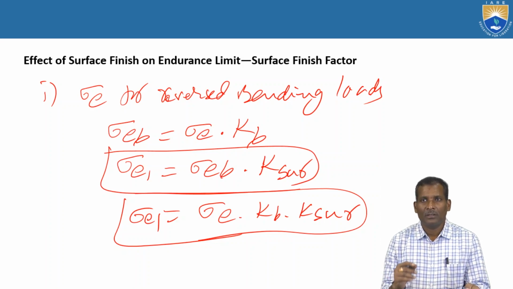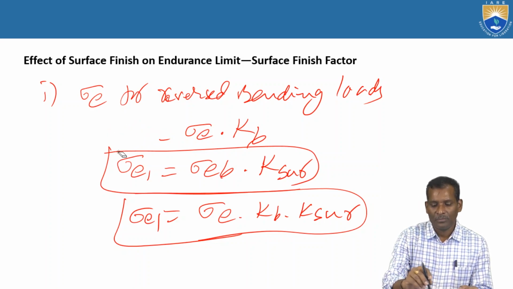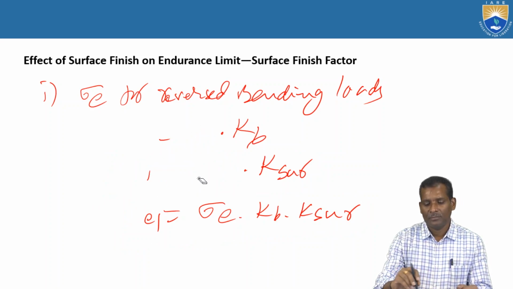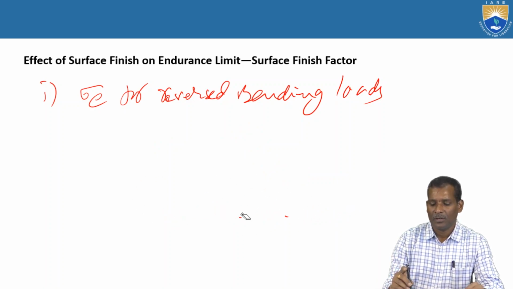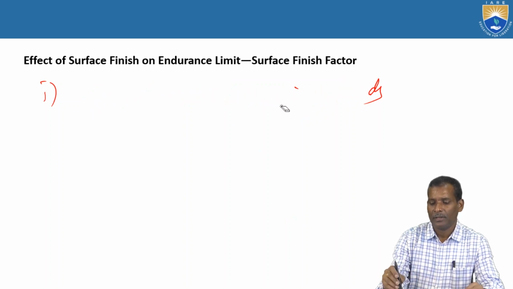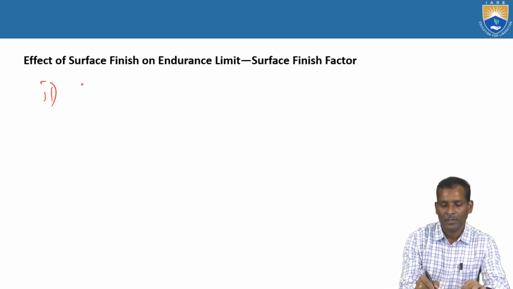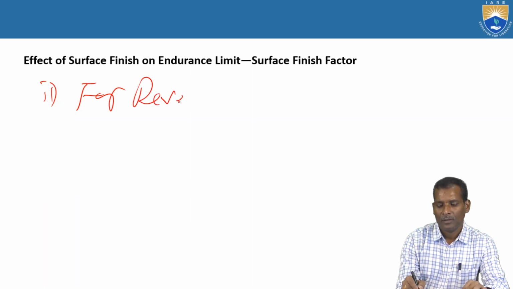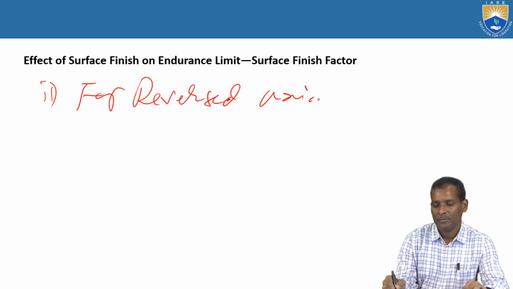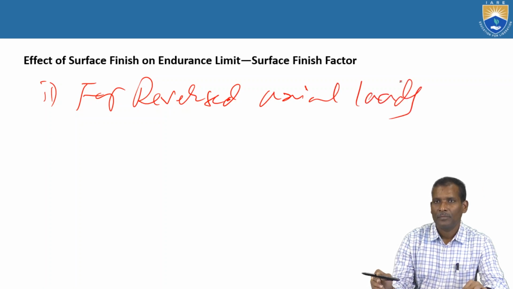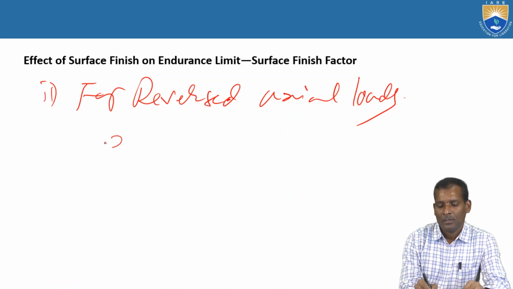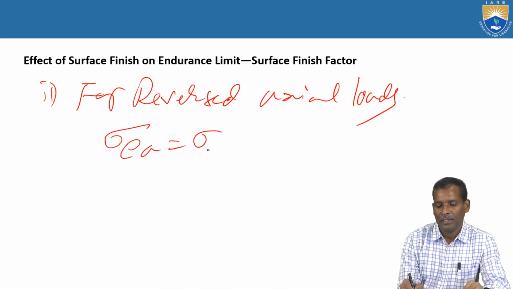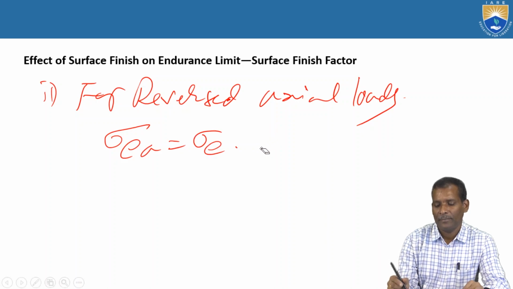Similarly, for reversed axial loads, sigma EA is sigma E multiplied with KA.